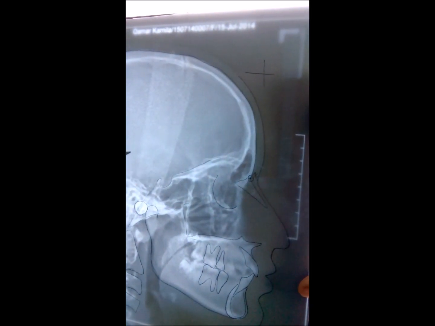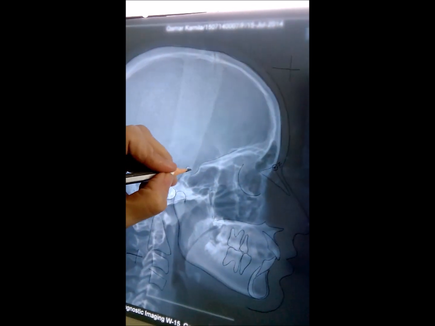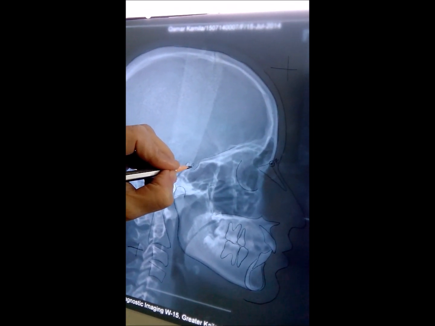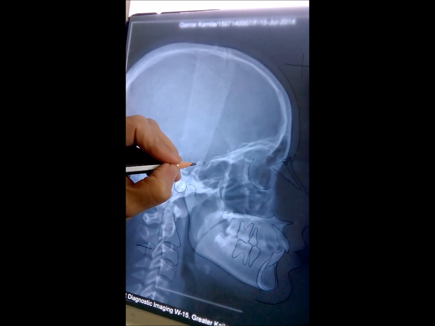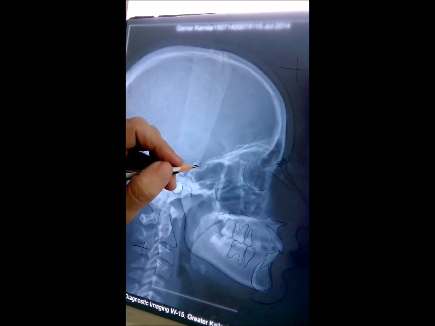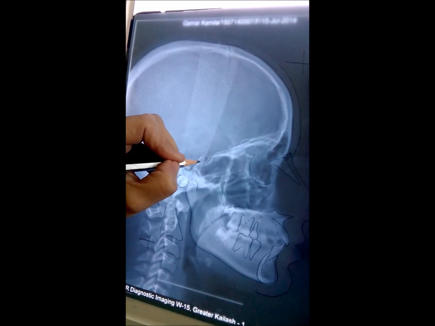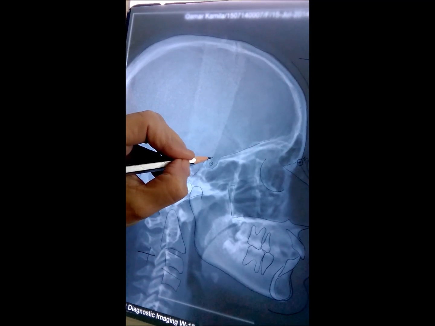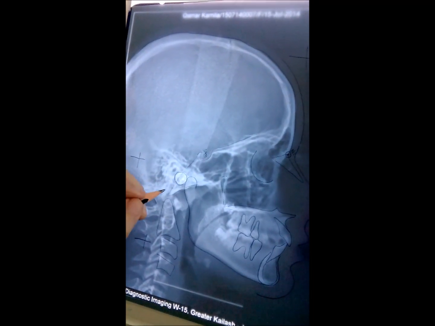Okay. Then the sella. This is the sella point. This is the geometric center of the pituitary fossa located by visual inspection. You can see this housing and the geometric center, which is the sella. So just mark this point here.